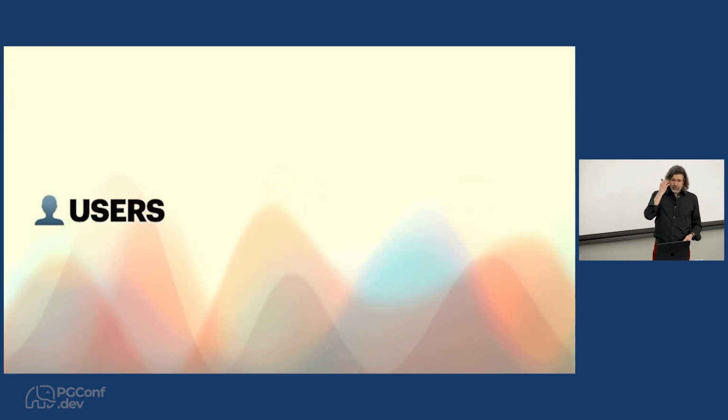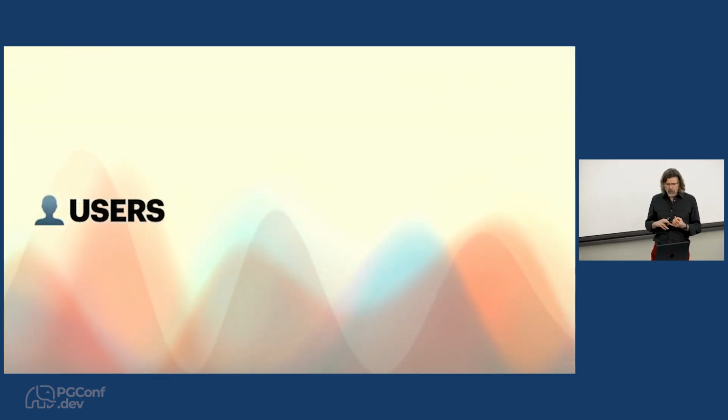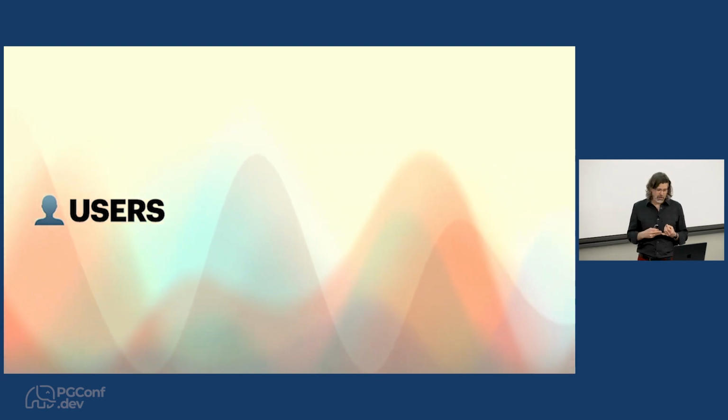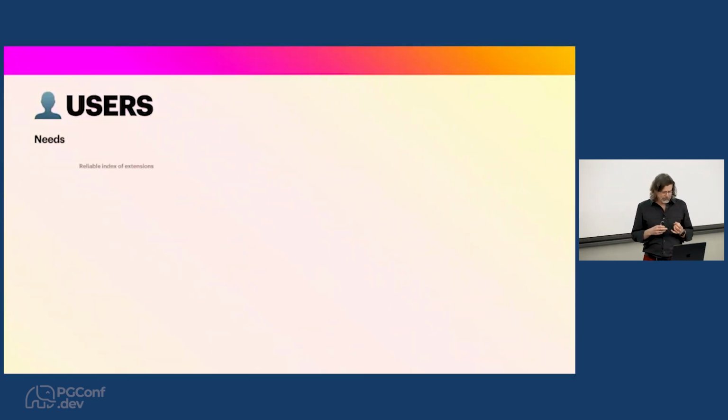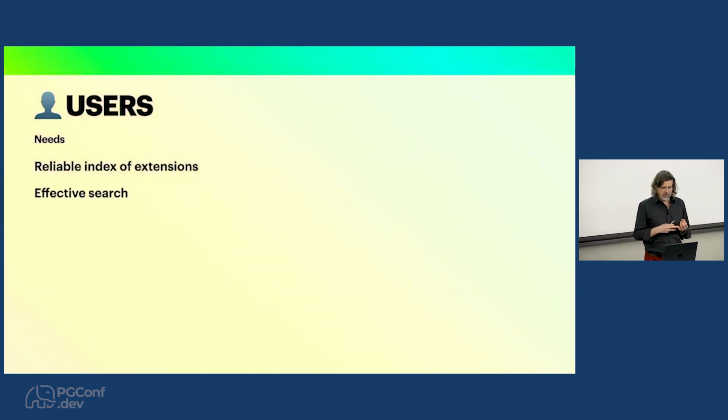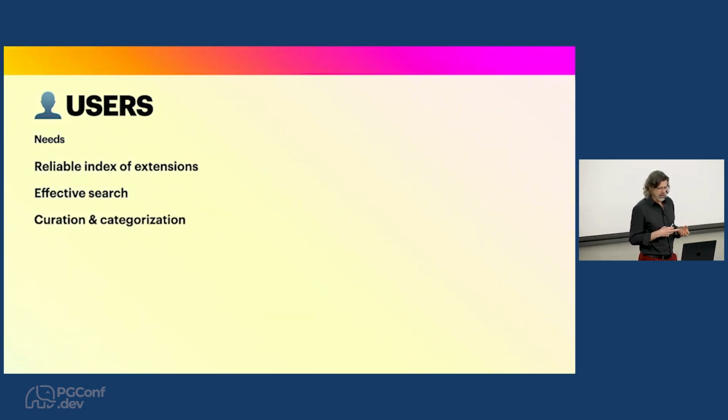So that's administrators. Another category, of course, is the end users, the people who actually use and build on the extensions. Now, what do they need? They need a reliable index of extensions, so they know there's one place to go to find the things they need. They need effective search, so they can actually find it in those places. And I can do a whole rant on how poorly I implemented PGXN search at some point.